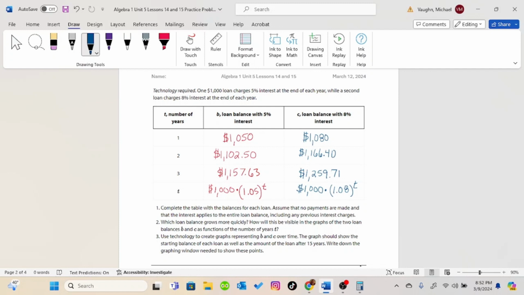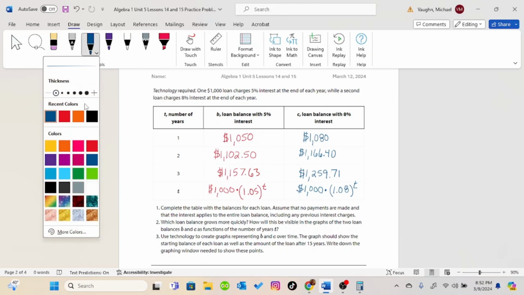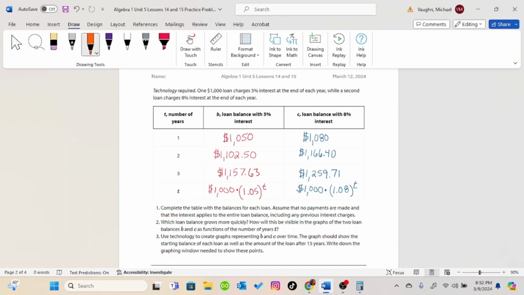Number 2, which loan balance grows more quickly? How will this be visible in the graphs of the two loan balances, B and C, as functions of the number of years? So B, we can tell, is growing slower, and C, we can tell, is growing faster.